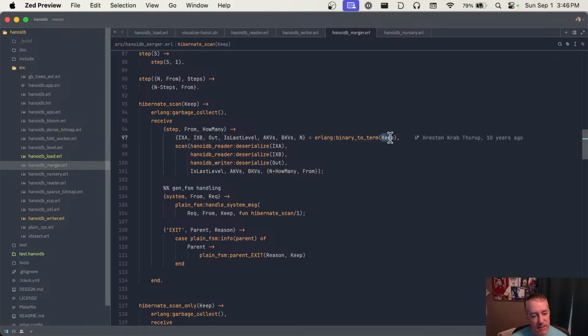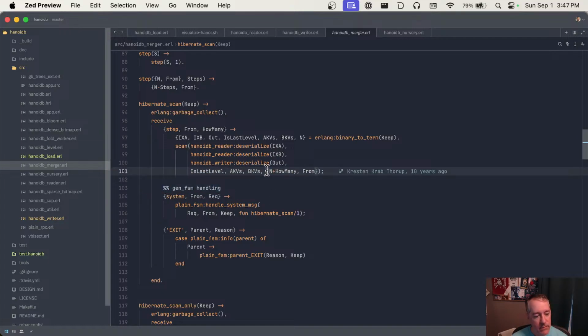I'm guessing this scan, there might be some kind of metadata file that is keeping track of where you were in the merge. I'll have to look into that. But yeah, so start a scan, go from A and B into out, and then all this stuff.